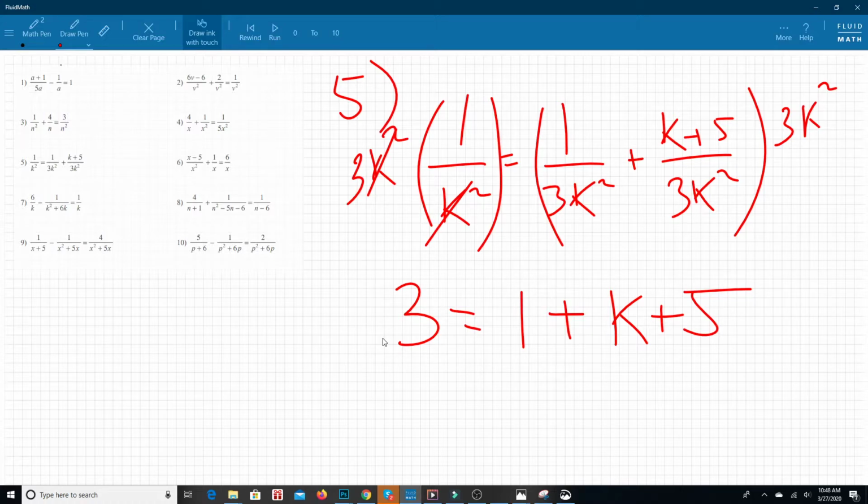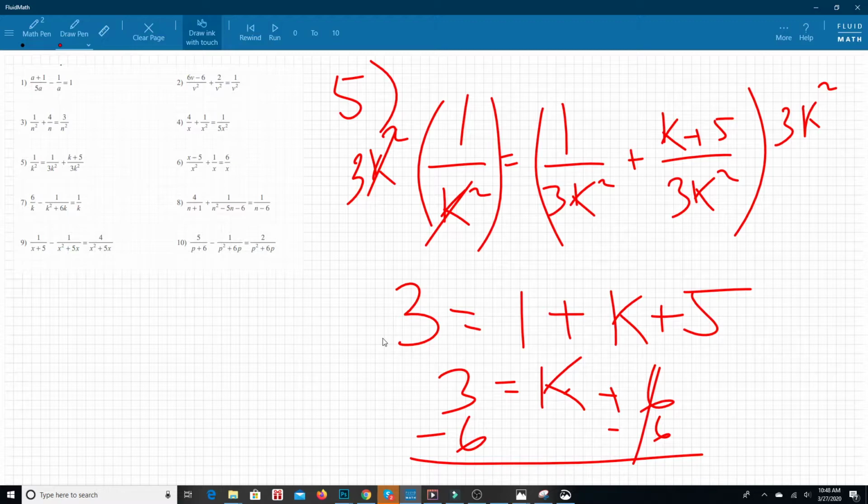So then I'm going to be left with k plus 6 equals 3, minus 6 minus 6, and k equals negative 3. Final answer.